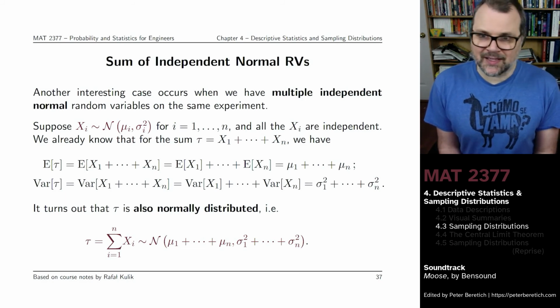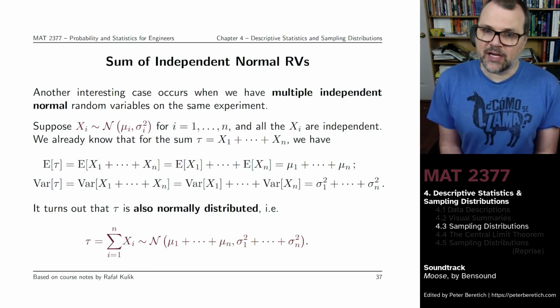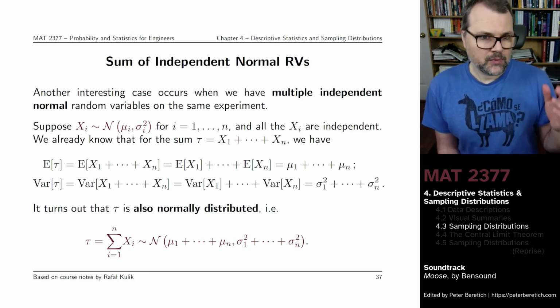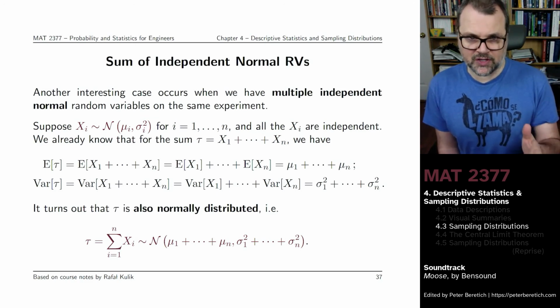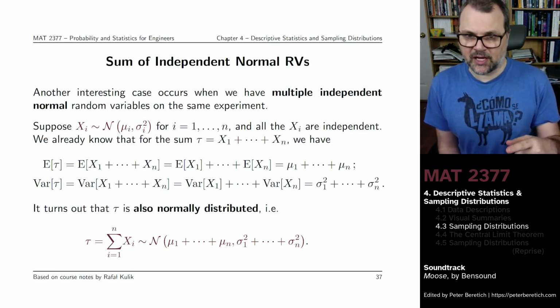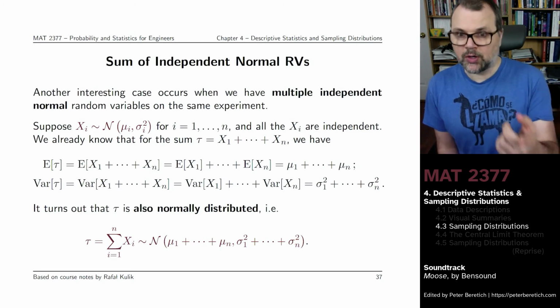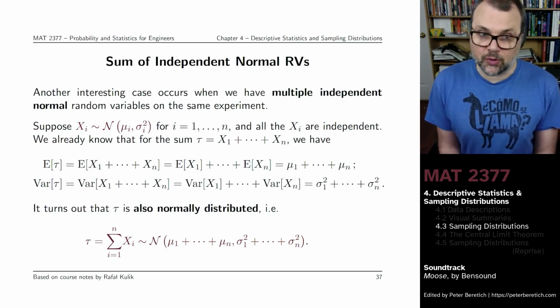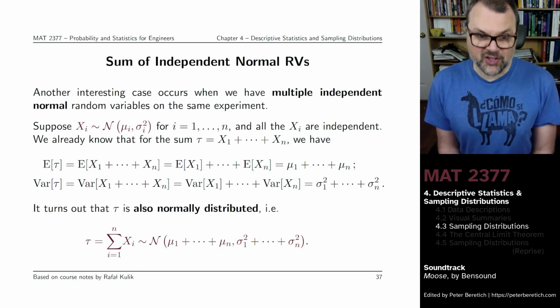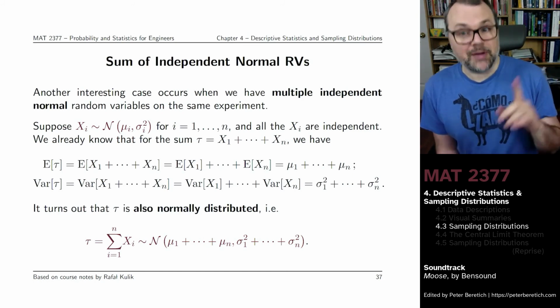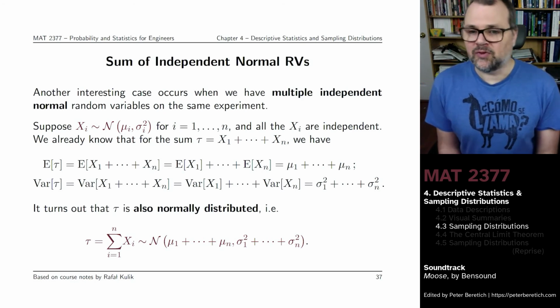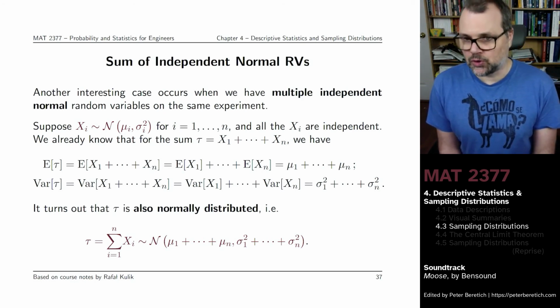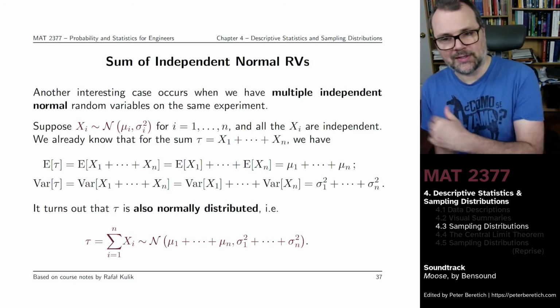Now, if all the X_i's are independent, we already know that the expectation of the total, of the sum, will be the sum of the expectations, in this case mu_1 plus mu_2 plus mu_3 all the way up to mu_n, and the variance of the total will be the variance of the sum, which is the sum of the variances because they're independent here, and that would be sigma_1 squared plus sigma_2 squared plus all the way to sigma_n squared.